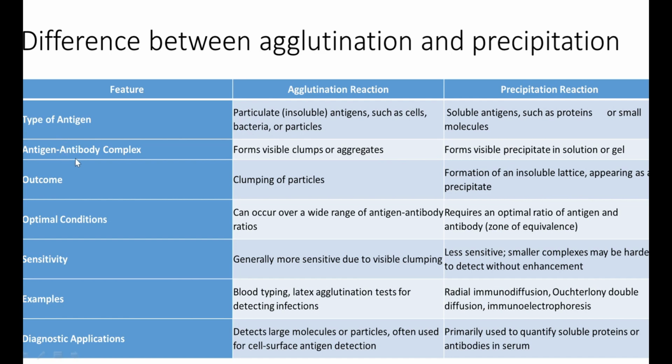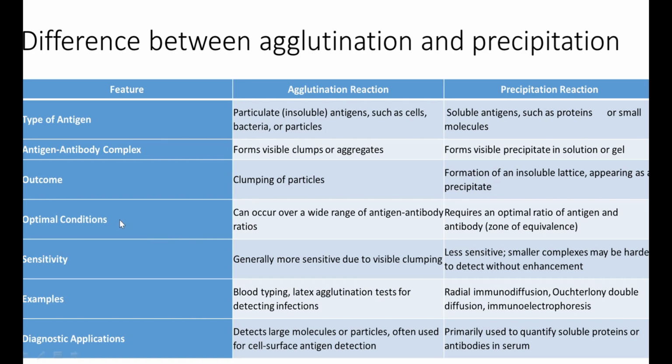Based on the antigen-antibody complex, agglutination forms a clump or aggregate, but the precipitation reaction forms a visible precipitate in the solution or in the gel. Based on the outcome, agglutination forms clumped particles, but the precipitation reaction forms an insoluble lattice which appears as the precipitate.